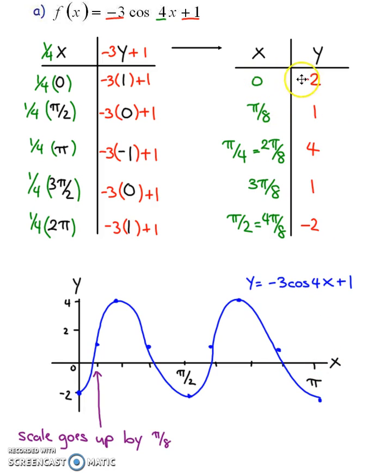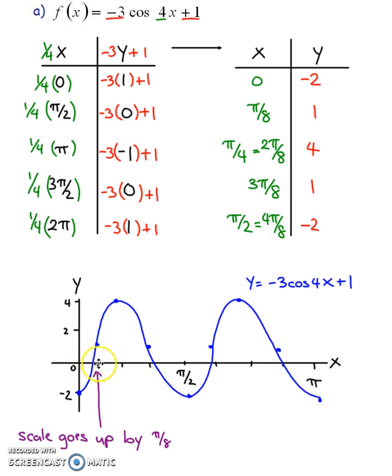So 0, -2, okay, 0, -2 is right there, and then 1 pi/8, 1. And then 2 pi/8, and then 4. So you're just going to go 1, 2 pi/8s, and then 4. The next one is 3 pi/8s, and then 1.